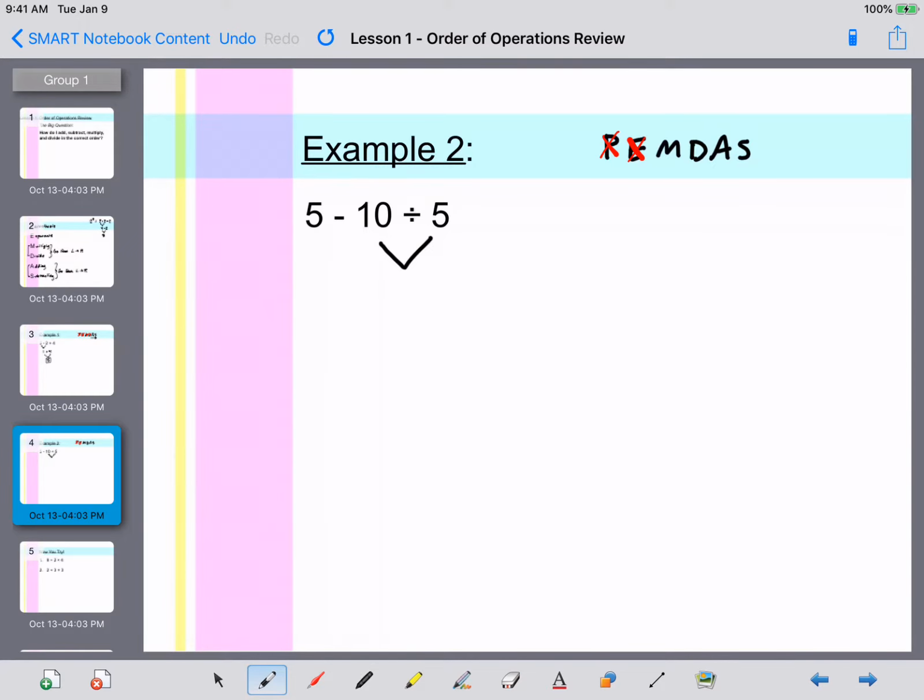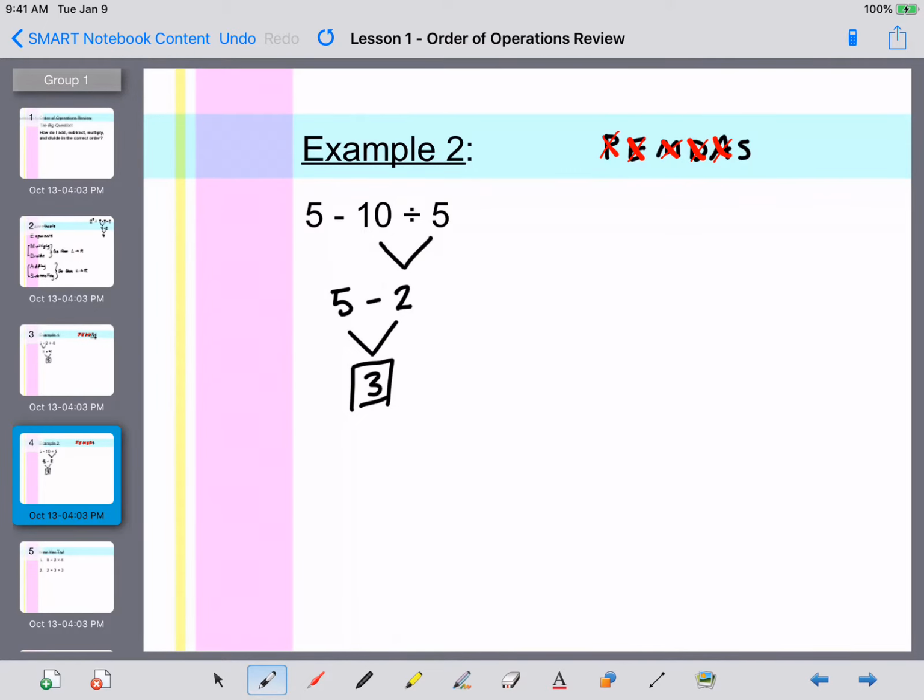So 10 divided by 5 is 2. And then we still have this 5 minus in front. We didn't have multiplication, but we did have division, and we did that. Now we have no addition, but we do have some subtraction. So the last step is to do 5 minus 2, which is 3. So our result of that problem gives us 3.